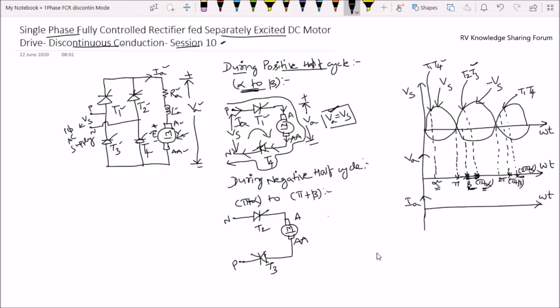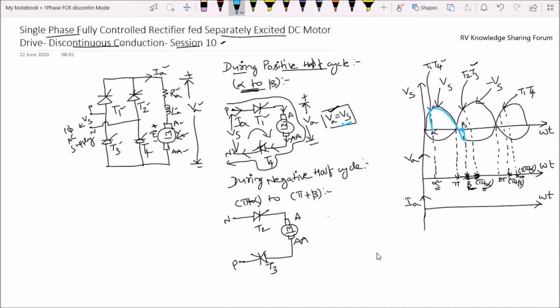So now let us try to draw that. This is our point alpha and this is our point beta. From alpha to beta during the positive half cycle, the armature voltage is equal to the sinusoidal input voltage. So from alpha to beta, whatever the input voltage is, that will be the output voltage across the armature terminals.